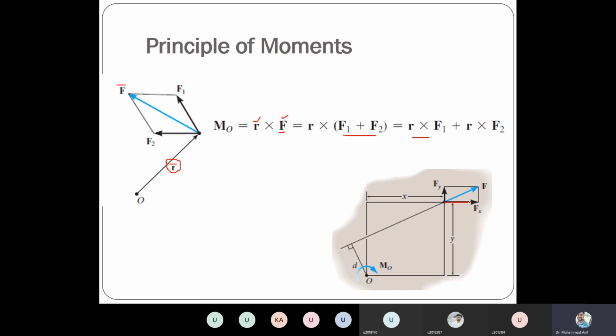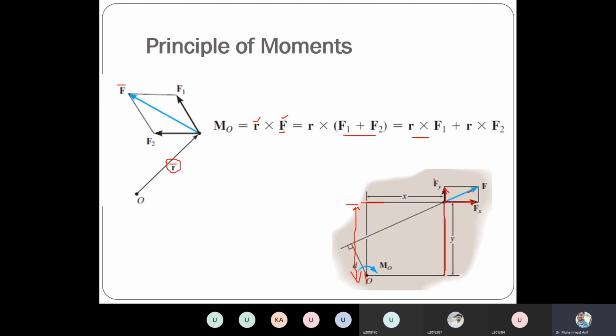For example, one component Fx and one component Fy, and then this vertical component will have a perpendicular moment about O. Similarly, this horizontal component will have a perpendicular moment. Because if we use this force F, then predicting the perpendicular distance like this one, D, is very difficult. Practically, this is very difficult to measure.